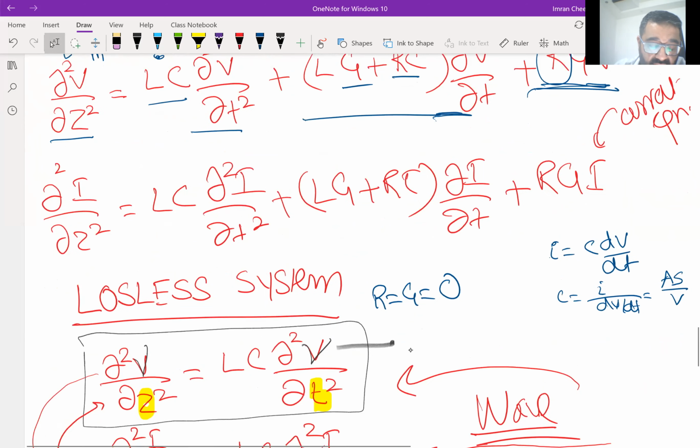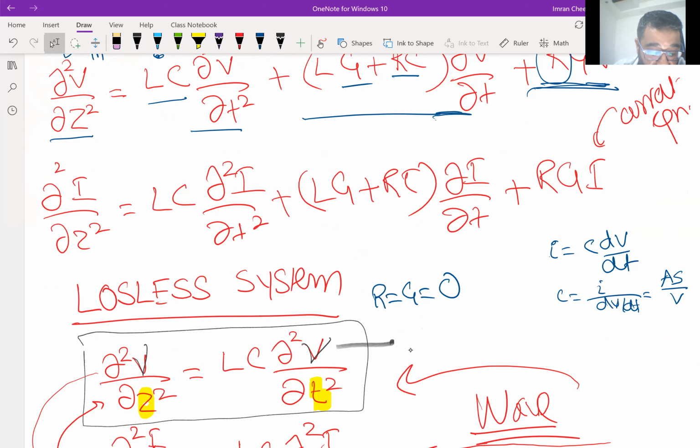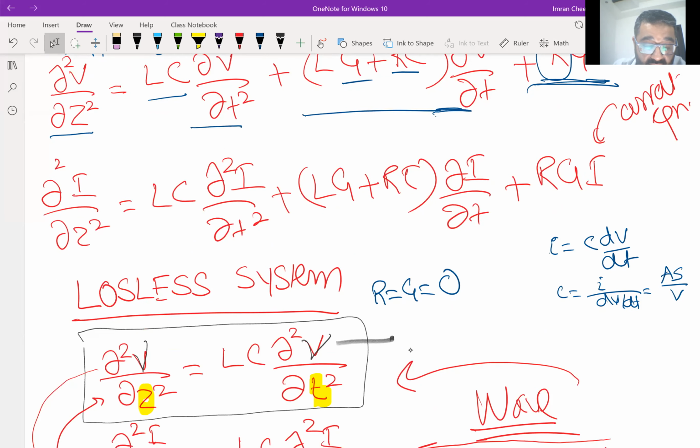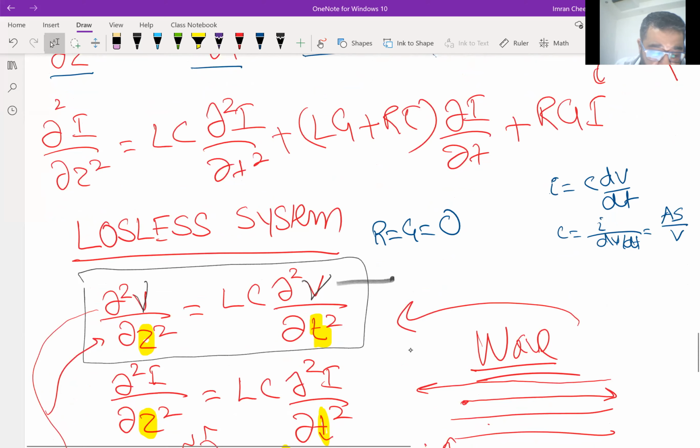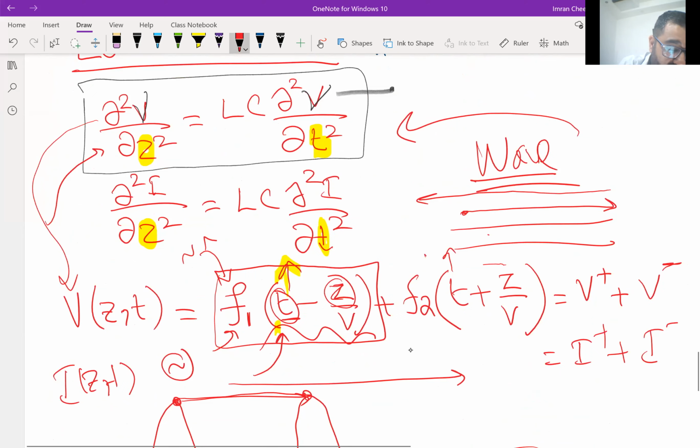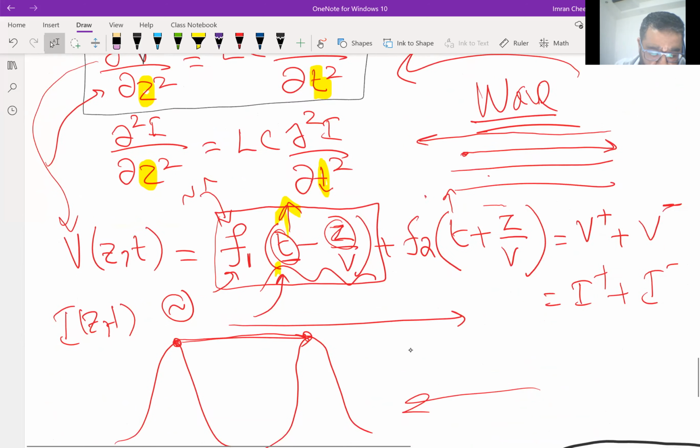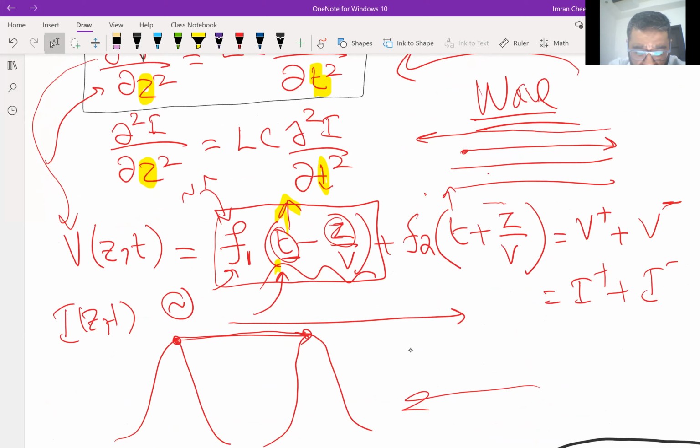So we catered for that using the usual circuit components. And for a lossless system, we arrived at these two equations, a voltage equation and a current equation. And we said, okay, generally speaking, the solution for the voltage equation would be a sum of the forward wave and backward wave.